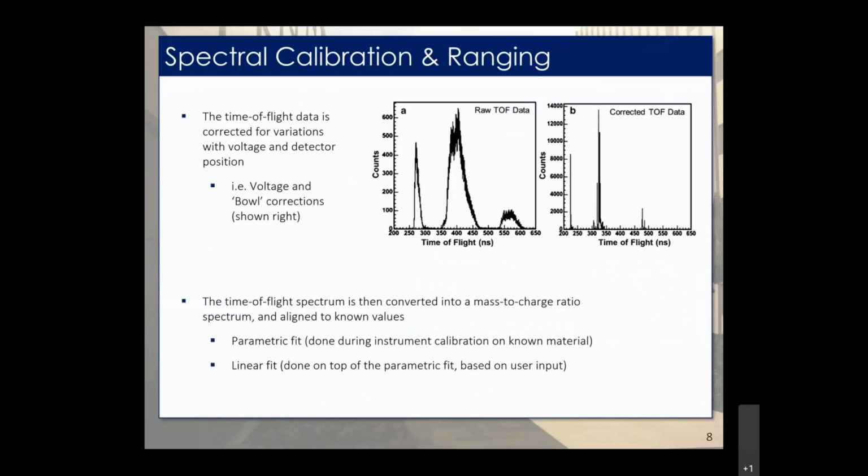What we need to do first is apply some corrections to the time of flight data to improve the overall signal, affected by both the voltage that the sample was at when the ion departed, as well as correcting for the position effects due to the position of the tip from where the ion departed, and that's known as the bowl correction.